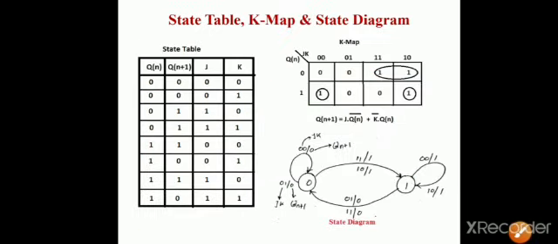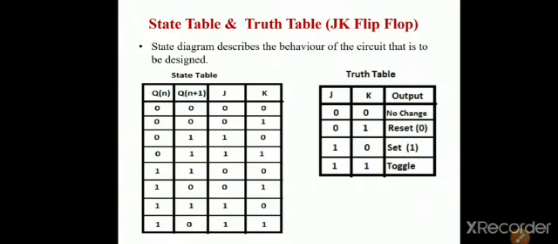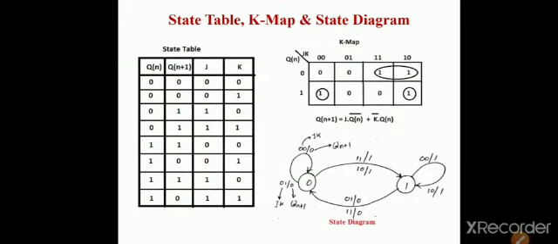Okay, with this concept, now as you can see, here again we are using the same state table. With the help of this state table, we will form the K-map.